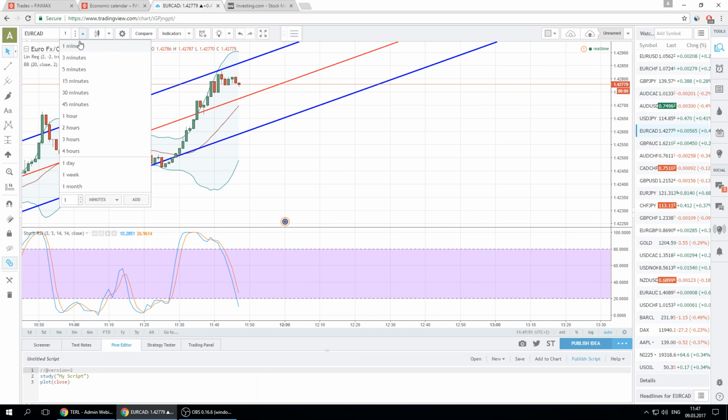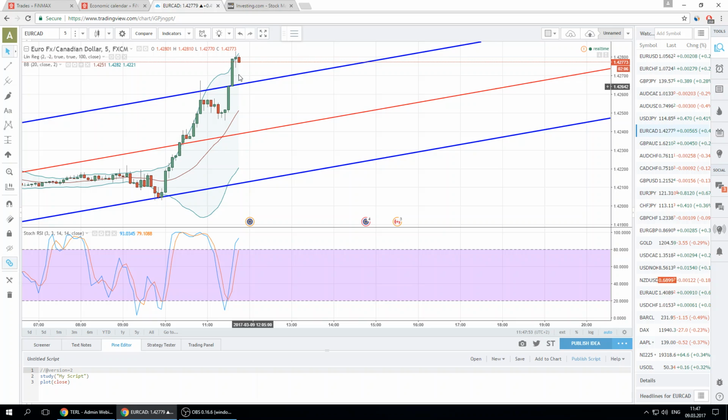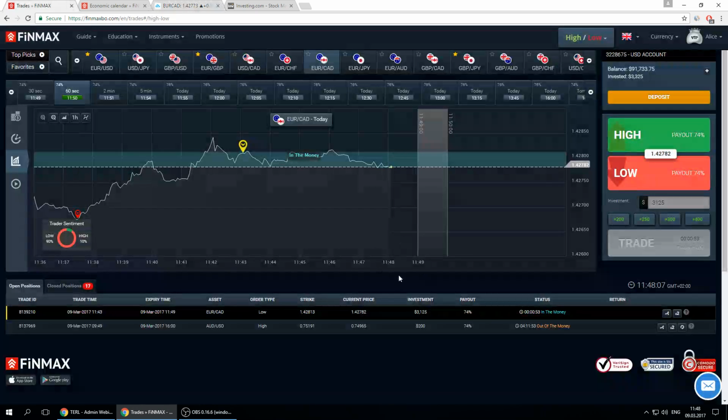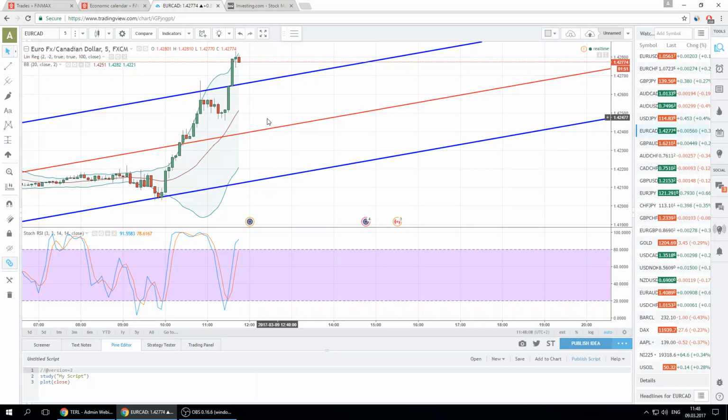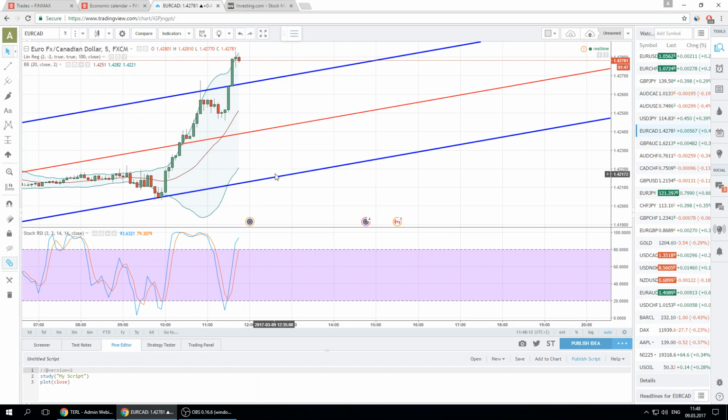It moves in our direction over 5 minutes. For 5 minutes it's also pretty good, but not clear, because the market can turn back as well. So we need to wait and see what will happen next.